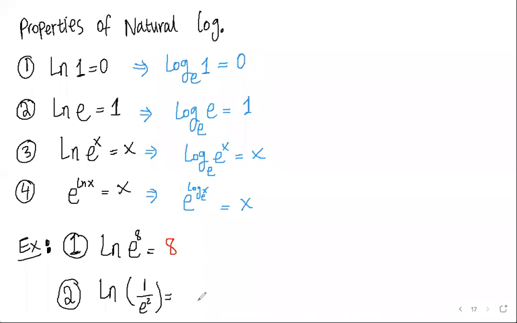Oh, my bad, sorry. Yeah, it's fine. But here I'm going to explain more. This is ln of e to the power minus 2, right? Because e to the 2 here, I can raise it up to the numerator, and this is equal to ln of e to the minus 2. Now, by using property number 3, ln of e to the x, what does it give me? My x is minus 2. So the answer is minus 2.